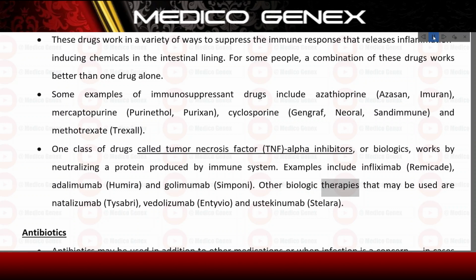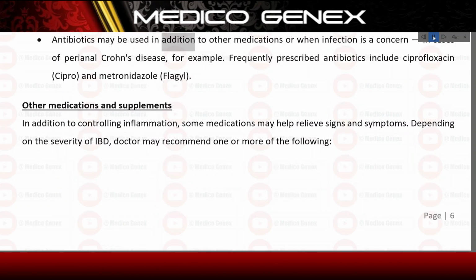Other biologic therapies that may be used are natalizumab (Tysabri), vedolizumab (Entyvio), and ustekinumab (Stelara). Antibiotics. Antibiotics may be used in addition to other medications or when infection is a concern, in cases of perianal Crohn's disease, for example. Frequently prescribed antibiotics include ciprofloxacin (Cipro) and metronidazole (Flagyl).